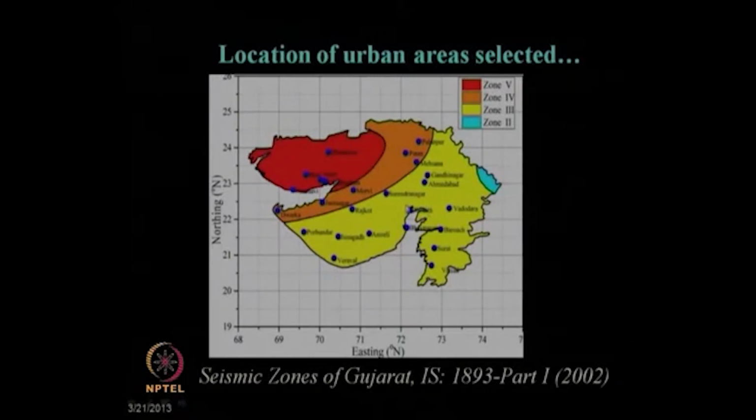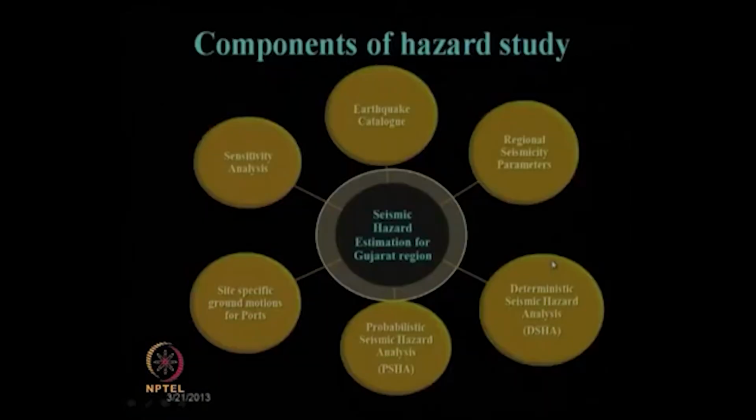Another reason is the 2001 Bhuj earthquake, which is very well known, a very damaging earthquake which occurred in Bhuj region of Gujarat, and it affected several other parts of Gujarat as well. That is the reason why we want to do the seismic hazard study for the Gujarat region.